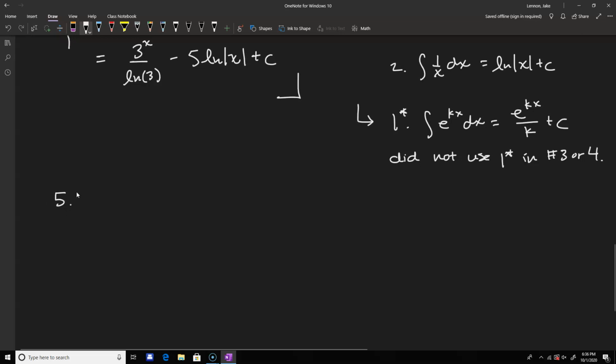So we're going to jump into the average height and net change section.